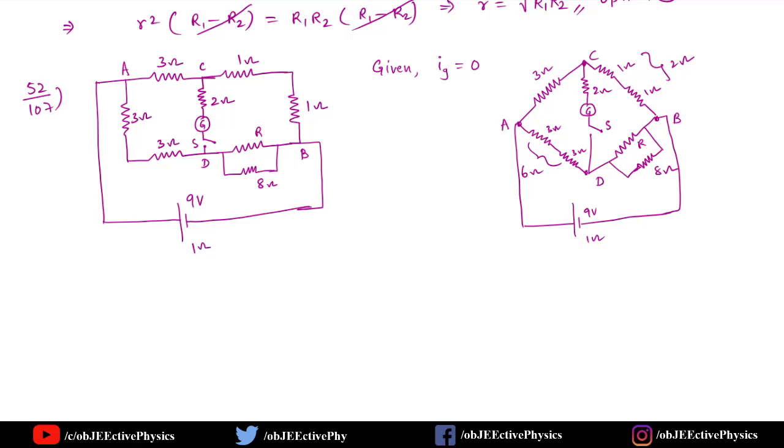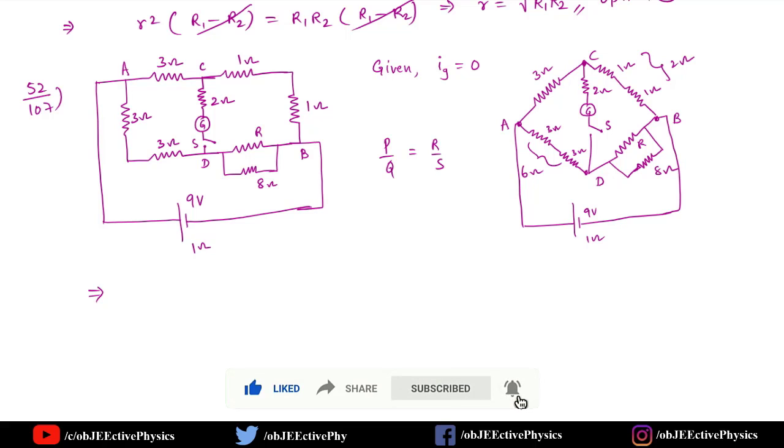It is a balanced Wheatstone bridge because Ig is given as 0 in the question. So for the balanced Wheatstone bridge, the balancing condition is P by Q is equal to R by S. What is there in the place of P? 3 ohms.